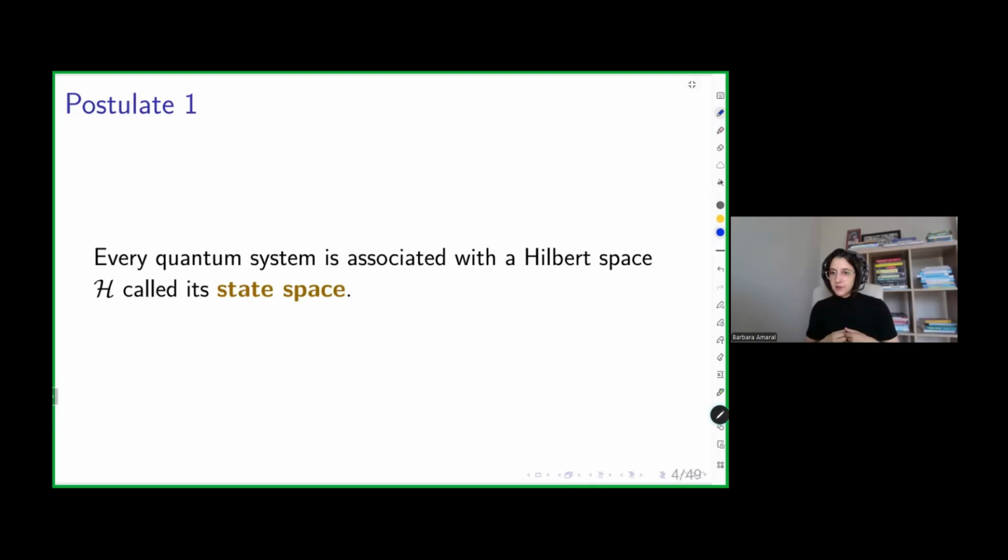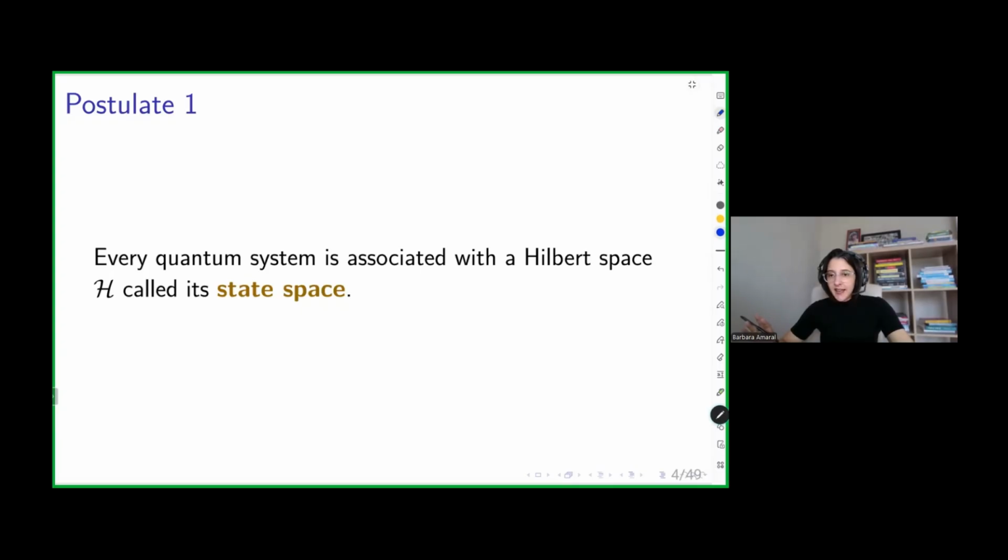In quantum theory, we associate states with vectors in what we call a Hilbert space, which is a vector space with a few special properties. First, we will only consider finite dimensional spaces.